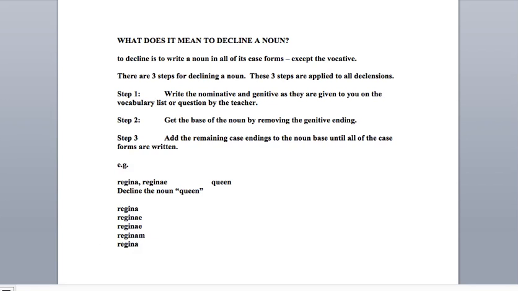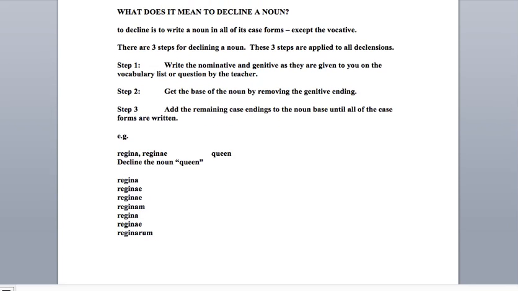These are the singular forms, and because when you decline a noun, you are writing the noun in all of its case forms, that includes singular and plural. So we do the base again, and now we're adding the plural endings.